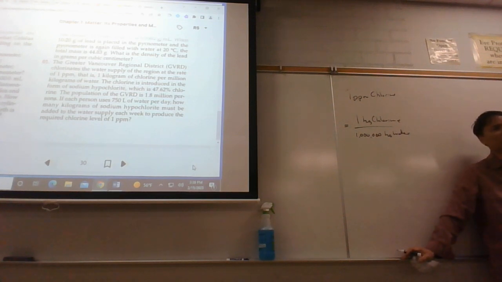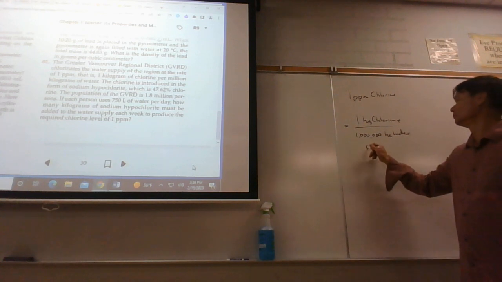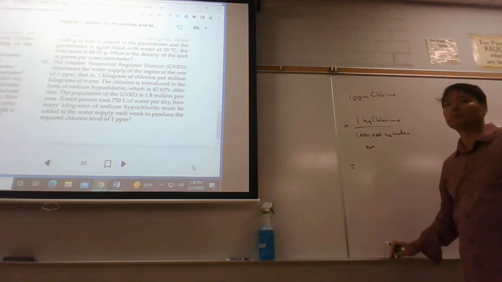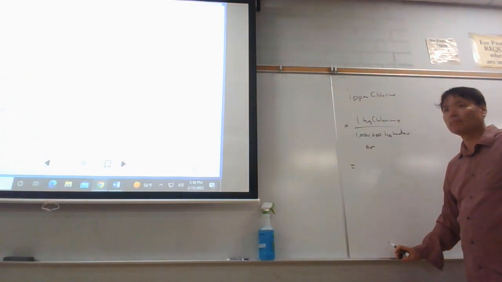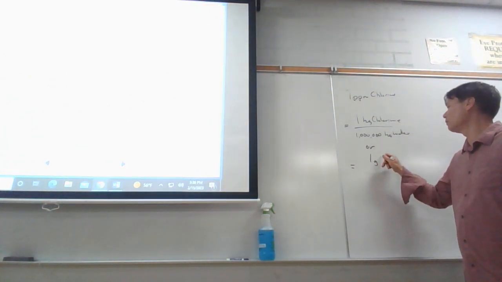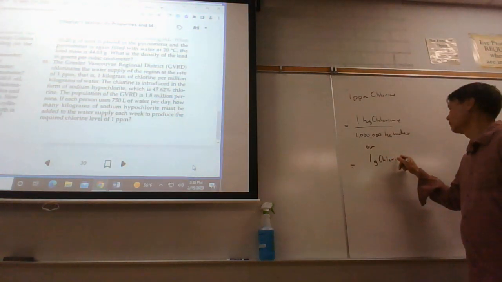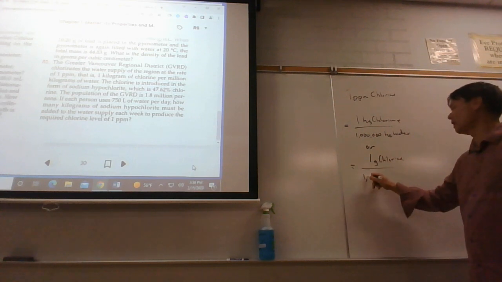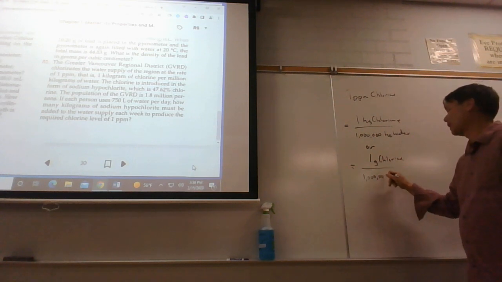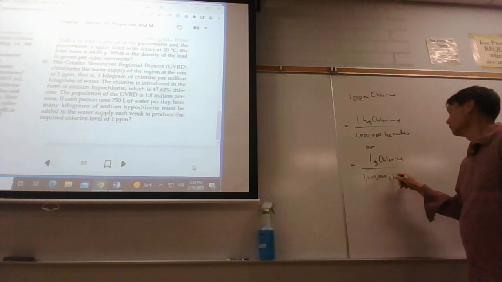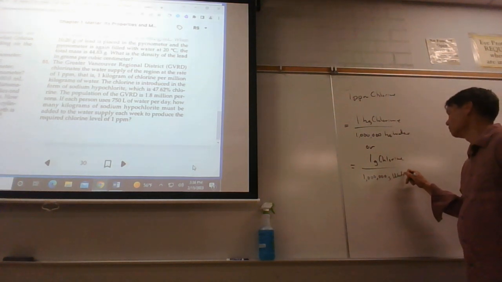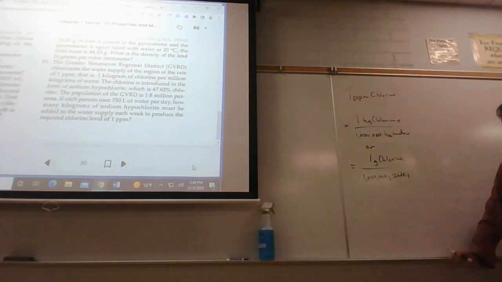How did I write 1 ppm before? Yeah, I wrote 1 gram of chlorine per million grams of water, or solution, or total. Pool water is what I wrote.